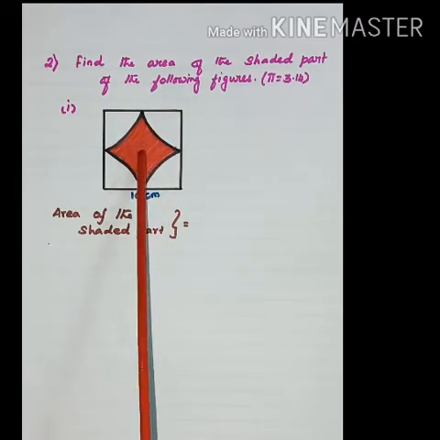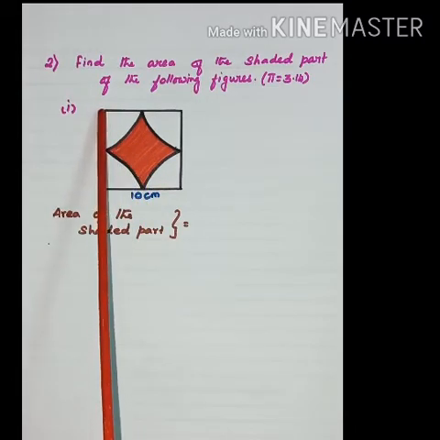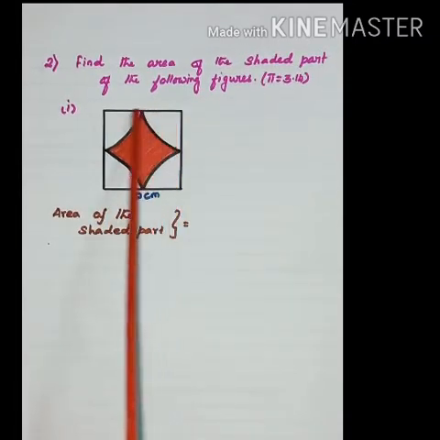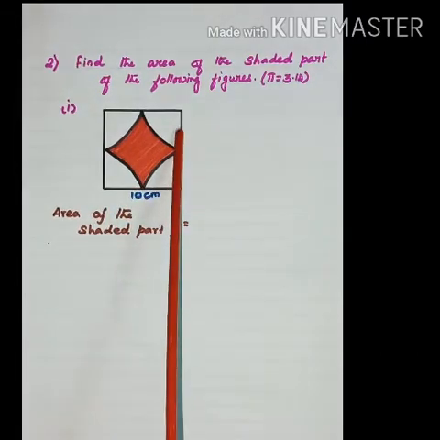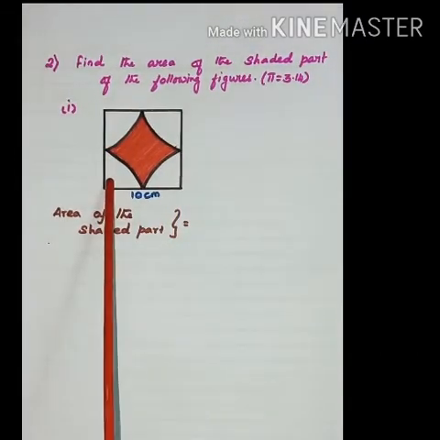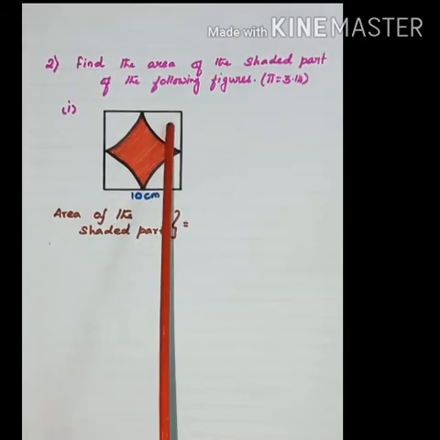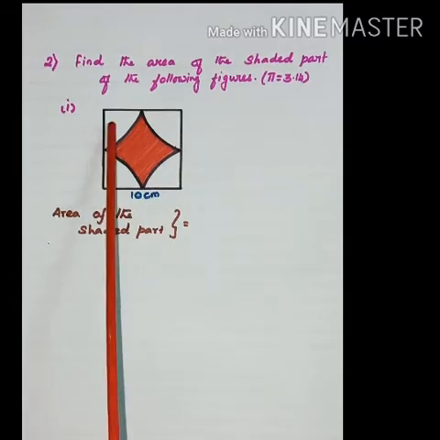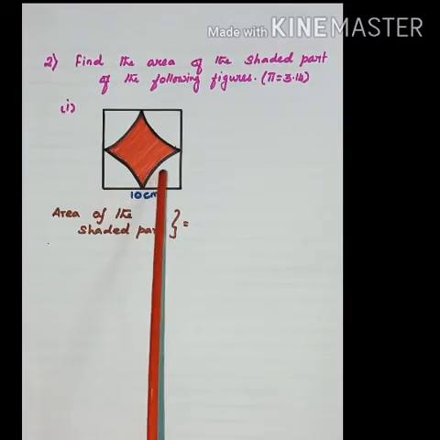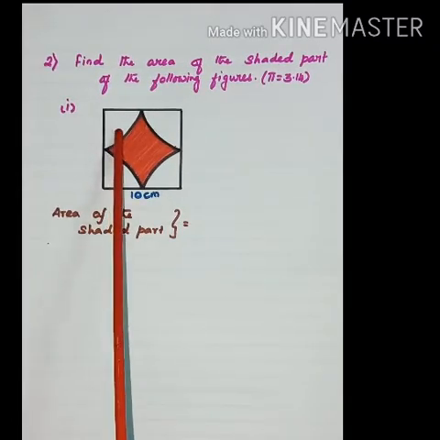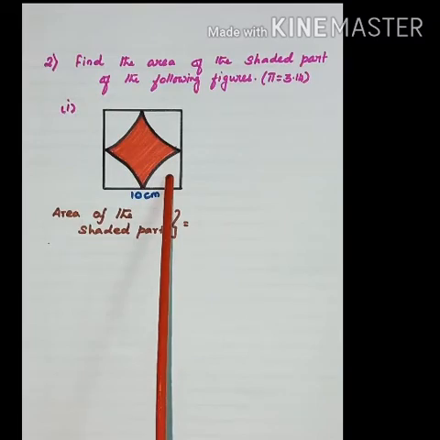So, to find the area of the shaded part, what we have to do? First, we have to find out the area of the square. From that, we have to subtract the area of these four quadrants. We know that 4 times the area of the quadrant is nothing but the area of the circle.